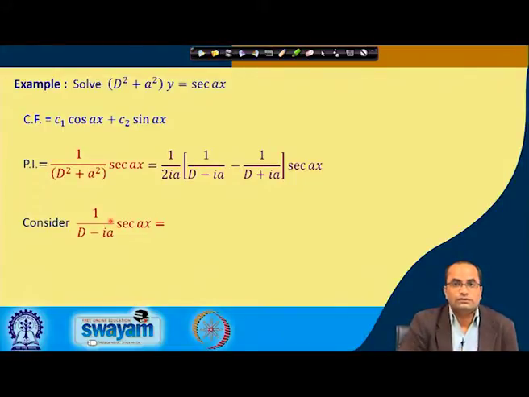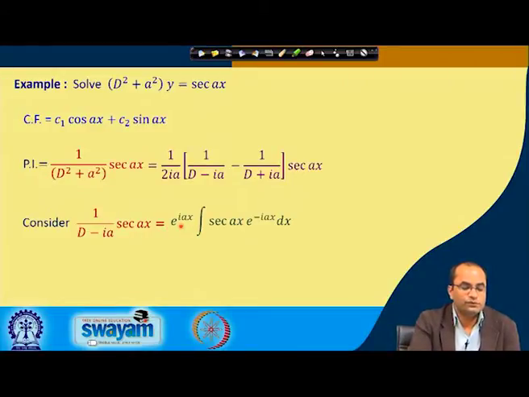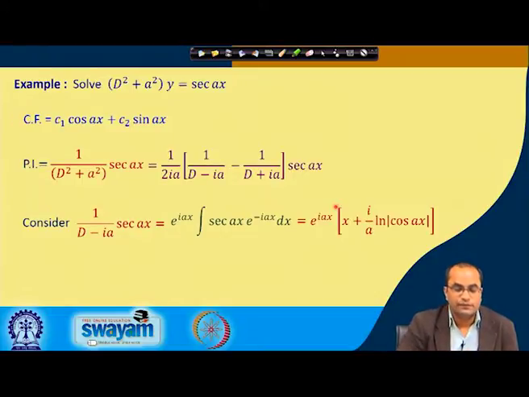The formula derived before suggests that this value will be equal to e power this constant times x, integral of sec ax and exponential with the minus sign, e power minus iax, dx. We can leave the constant of integration to find this particular integral. So, here we have e power minus iax, and then sec ax.